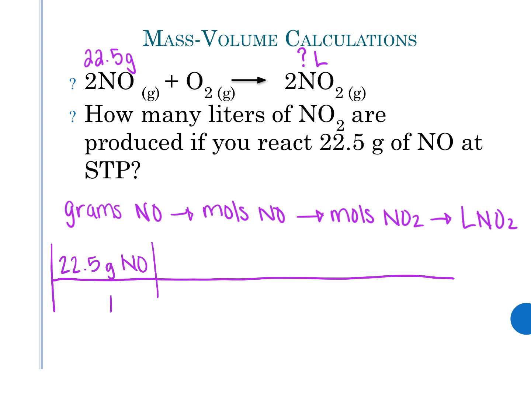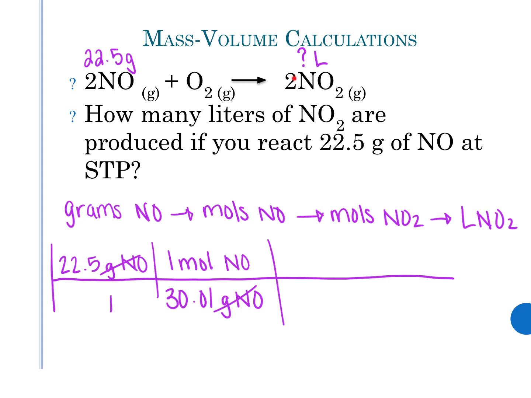So what do you get if you add those together? Okay, so there's 30.01 grams of NO for every 1 mole of NO. So grams of NO cancel. So now we're in moles of NO. How do we get from moles of NO to moles of NO2?